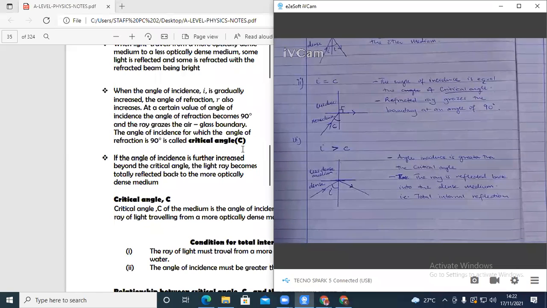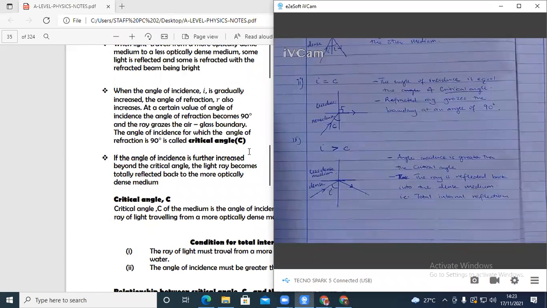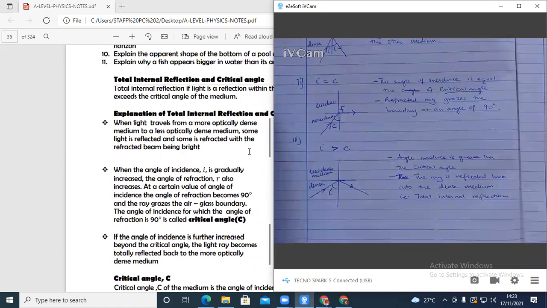Okay, so we have already defined what critical angle is, and we have also defined what total internal reflection is. Total internal reflection happens when a ray of light within a medium is reflected back into that same medium when the angle of incidence exceeds the critical angle.